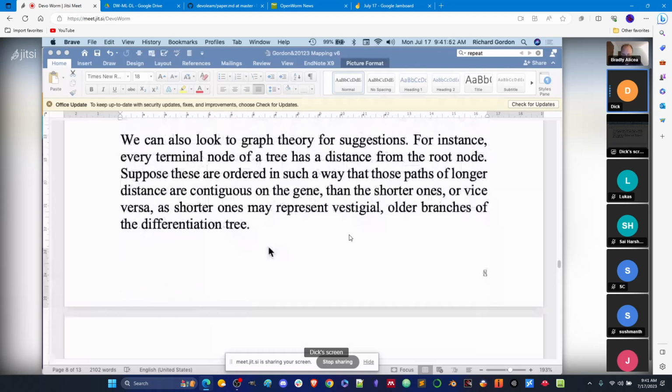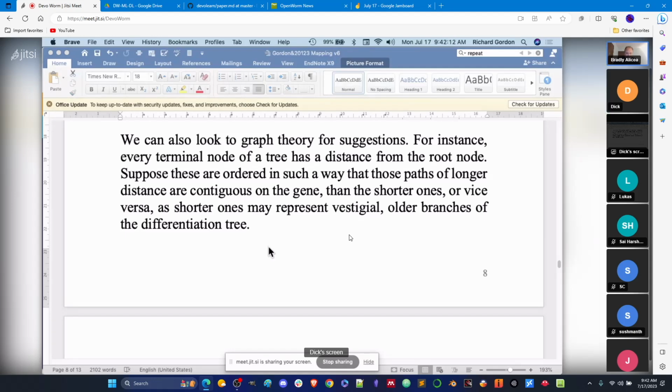Now, I started thinking in terms of graph theory. Suppose you have a tree, and you have a terminal node on the tree. Each terminal node has a certain distance from the root, or from the start of the tree.